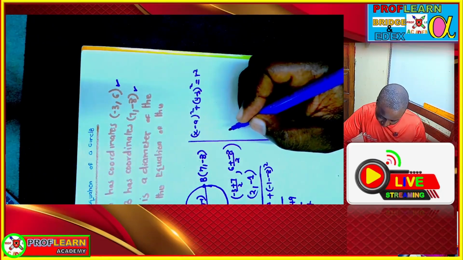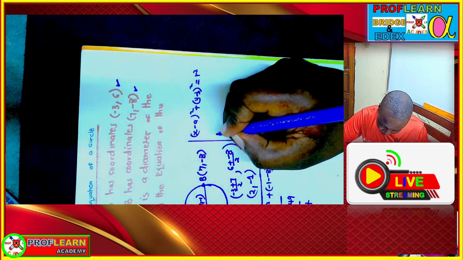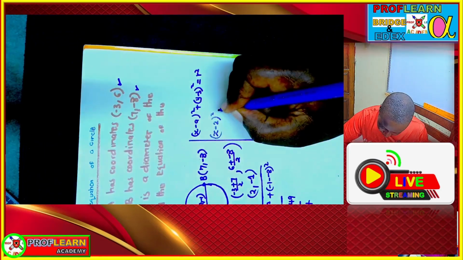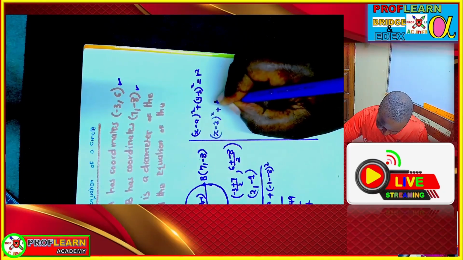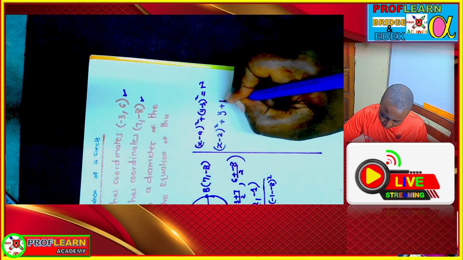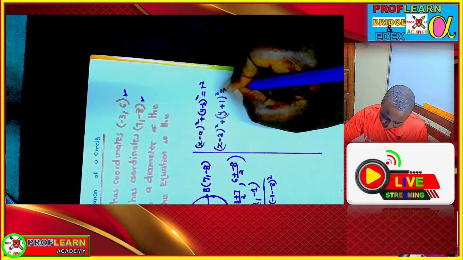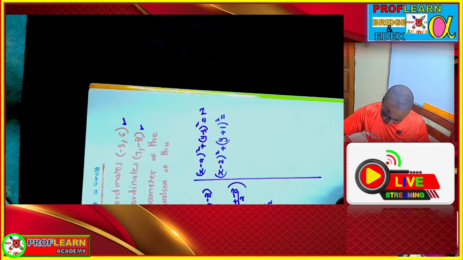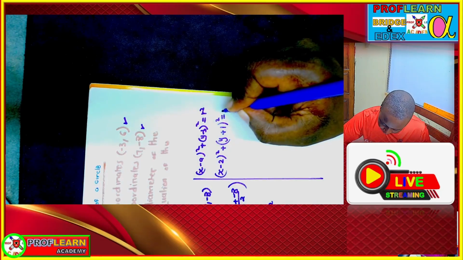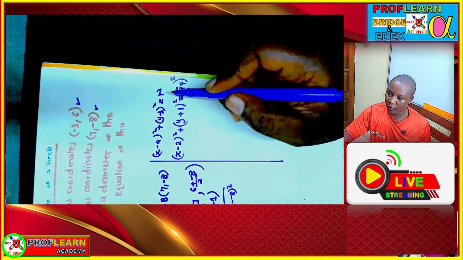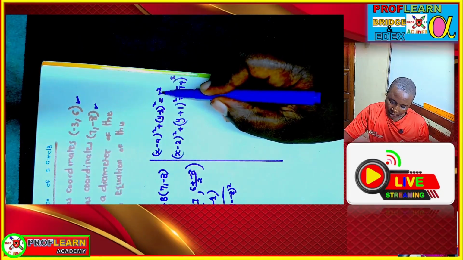So for this case, our center was 2, negative 1, so this is going to be x minus 2 squared plus y minus negative 1, that will be plus 1 squared is equal to the radius squared.